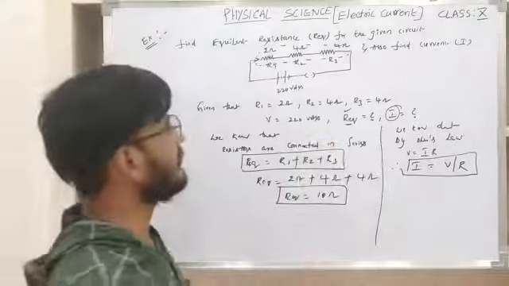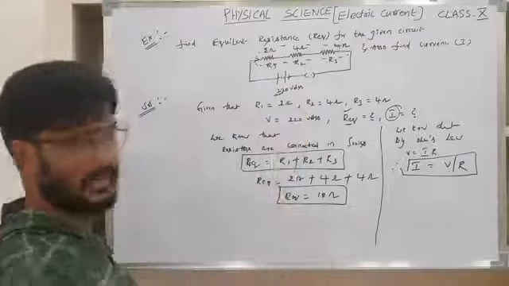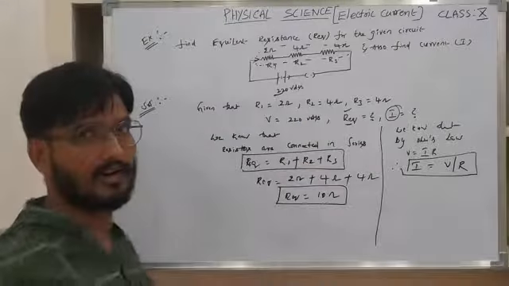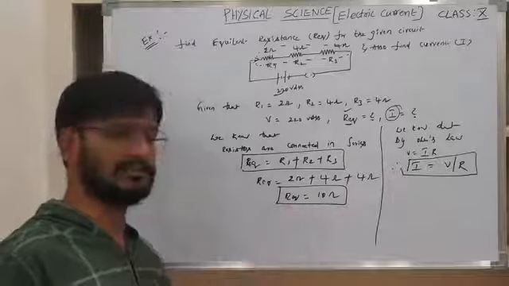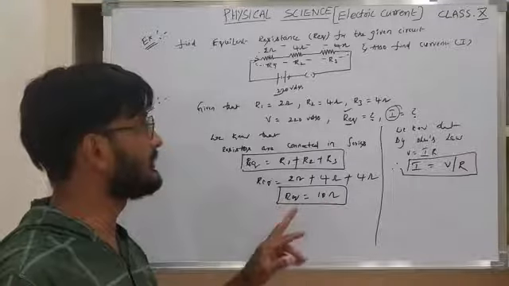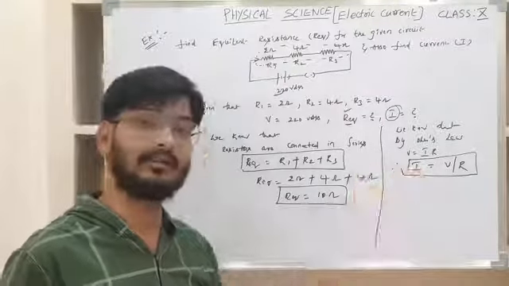Okay, in this problem, how much voltage is given? 220 volts given already. And we already calculated the equivalent resistance, R equivalent equal to 10 ohms. These two parameters are substituted in this equation, and finally you get the current.